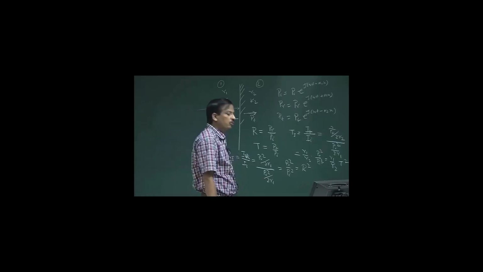Okay. Similarly, if I want to find out the transmitted power coefficient and the reflected power coefficient. What is the transmitted power coefficient? Power is nothing but intensity multiplied by cross-sectional area.